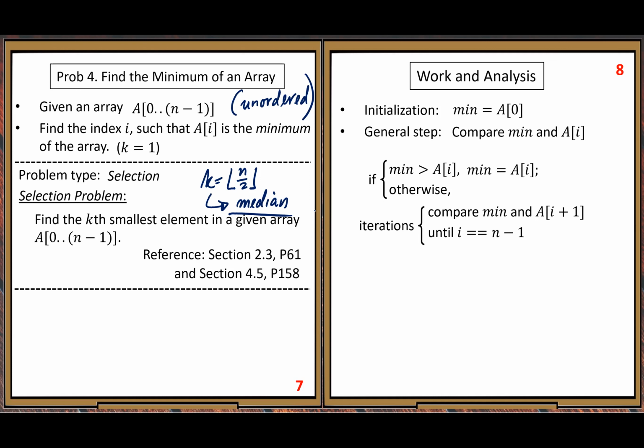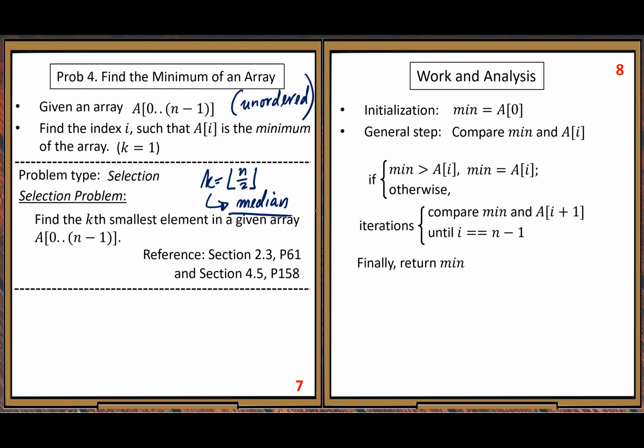At the end, our function returns this min value. Then we complete the solution. It's simple.